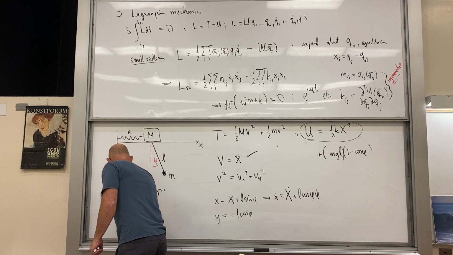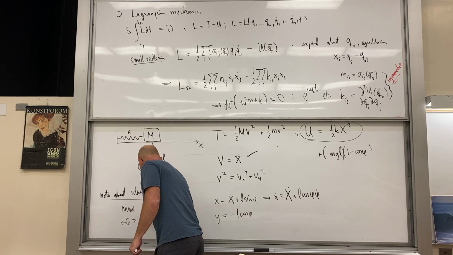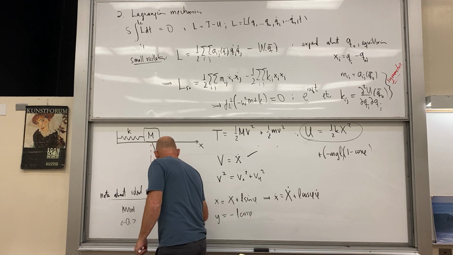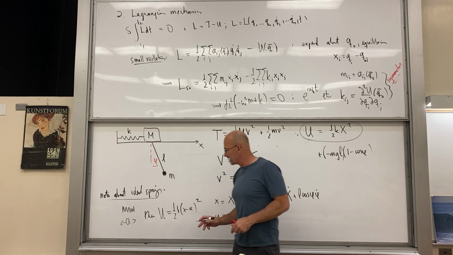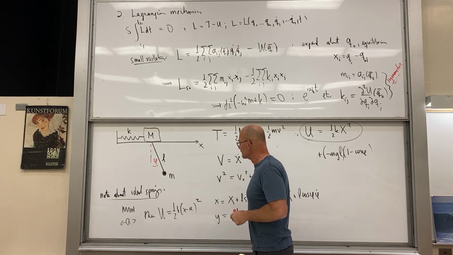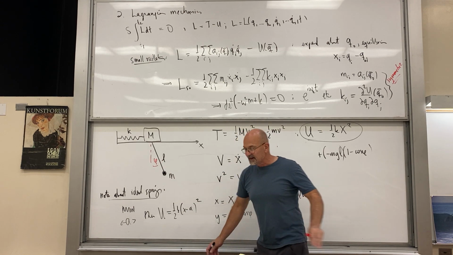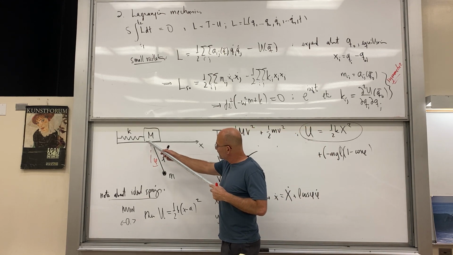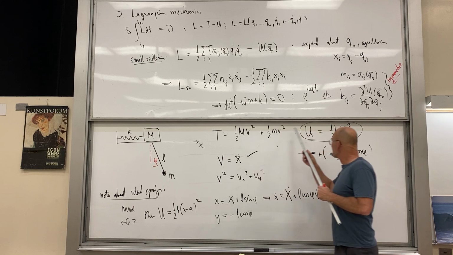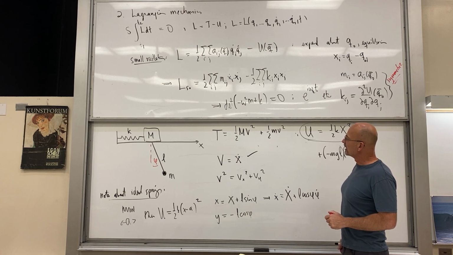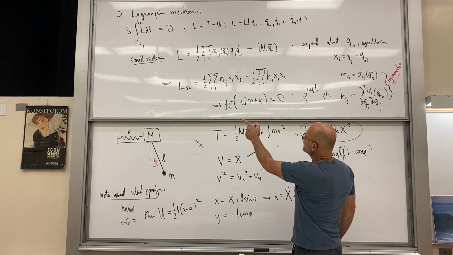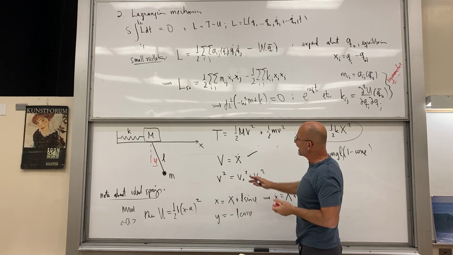So for example, if you have a spring here of relaxed length A, then your potential energy would be 1/2 K (x minus A) squared if you were to stretch it and compress it. On the other hand, if we just take the origin here to be 0 when it's relaxed, then we don't have to subtract anything off. Okay. So that can play a role as well. Good, so we have Lagrangian mechanics, small oscillations theory, and then application.